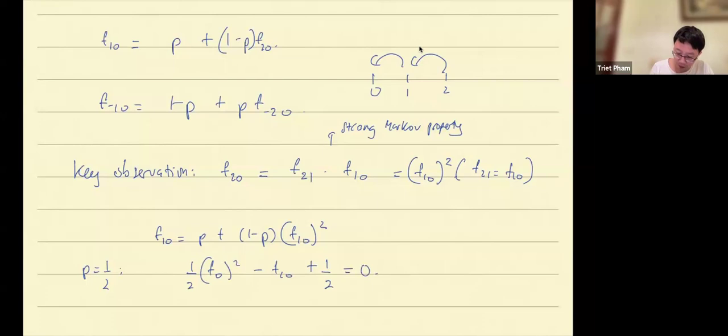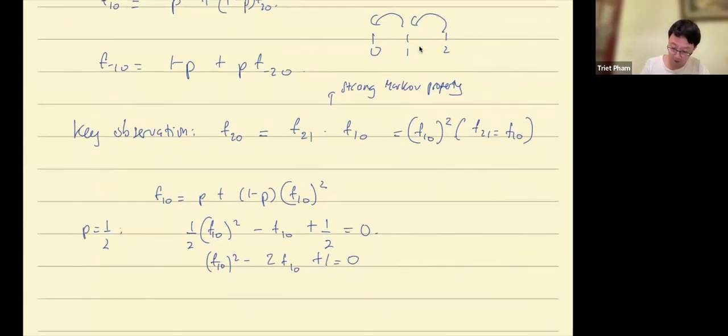If you multiply through by 2, it says f(1, 0) squared minus 2 f(1, 0) plus 1 equals 0. Well, guess what f(1, 0) is in this case? The moment you see this, you know what's going on.